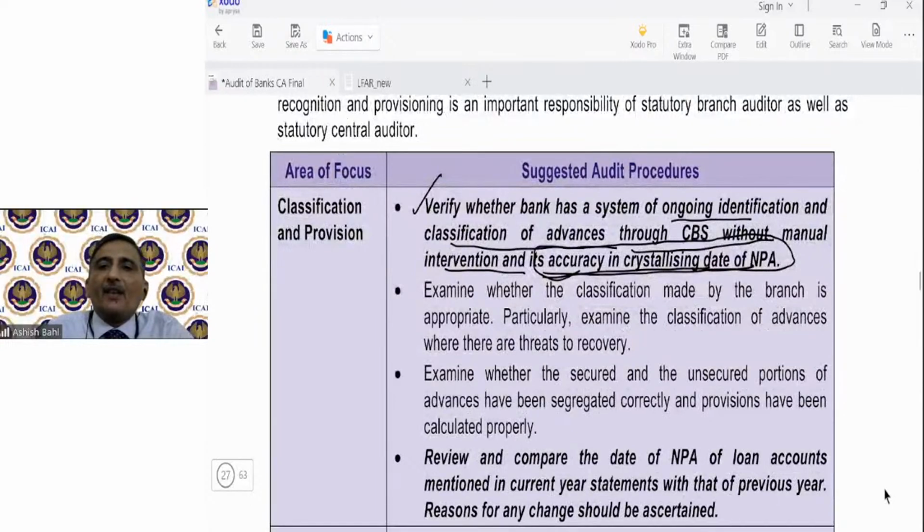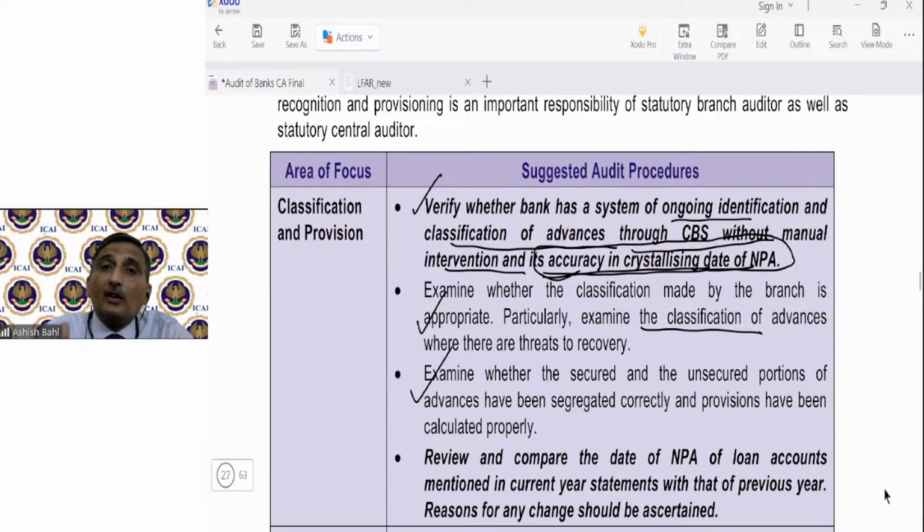Examine whether the classification made by branch is proper. So obviously there are RBI guidelines to it. So you have to see that classification made by branch is proper, and whether secured and unsecured portion of the advances has been segregated correctly in the system.